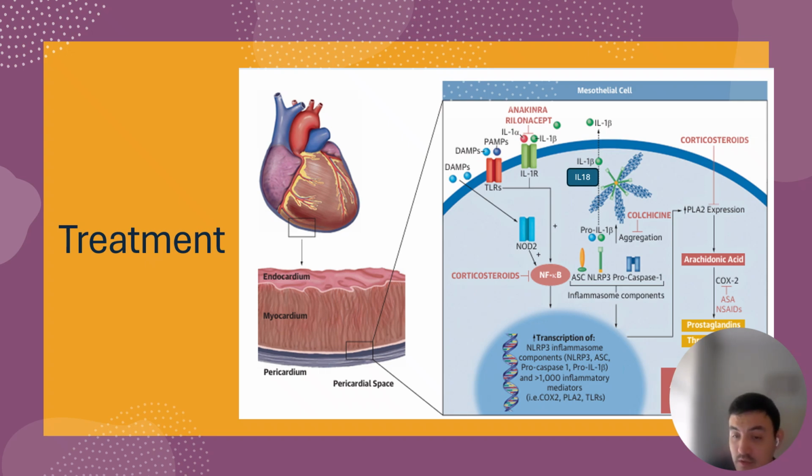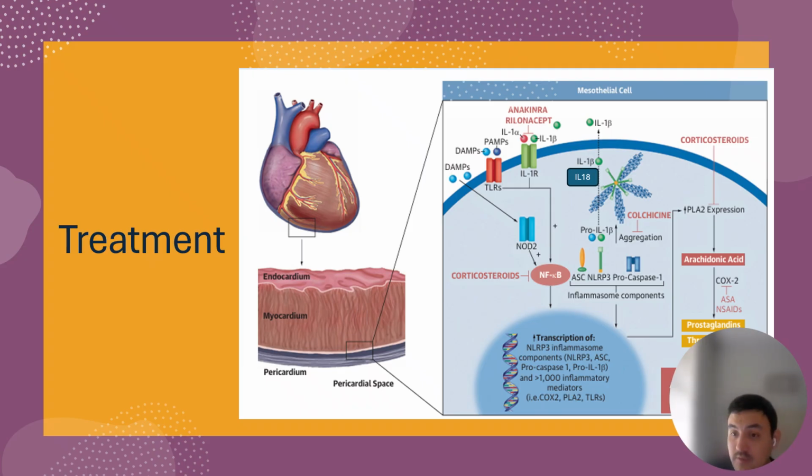Those are going to stimulate the nuclear factor kappa B, which goes to the nucleus and is going to increase those markers. And those markers, for example procaspase 1, are going to stimulate the liberation of interleukin 1b and interleukin 18. So we have different medications that can attack those.